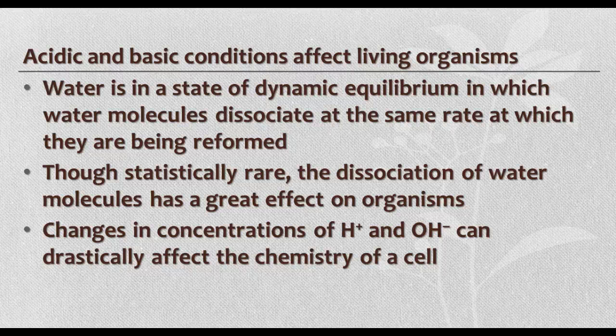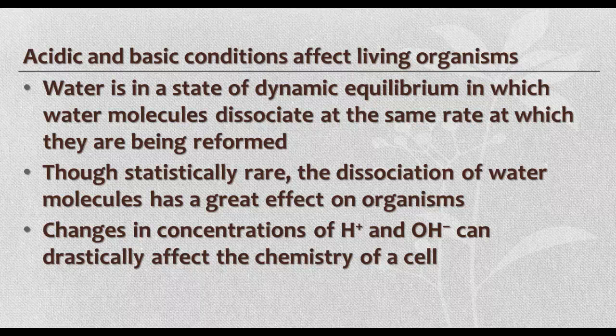Acids and bases are special kinds of solutions that definitely have an effect on living organisms. You know that water can dissociate into hydronium or hydrogen ions and hydroxide ions, and it most often does this in various kinds of solutions. A change in the concentration of hydrogen ions or hydroxide ions can drastically affect the chemistry of a cell.